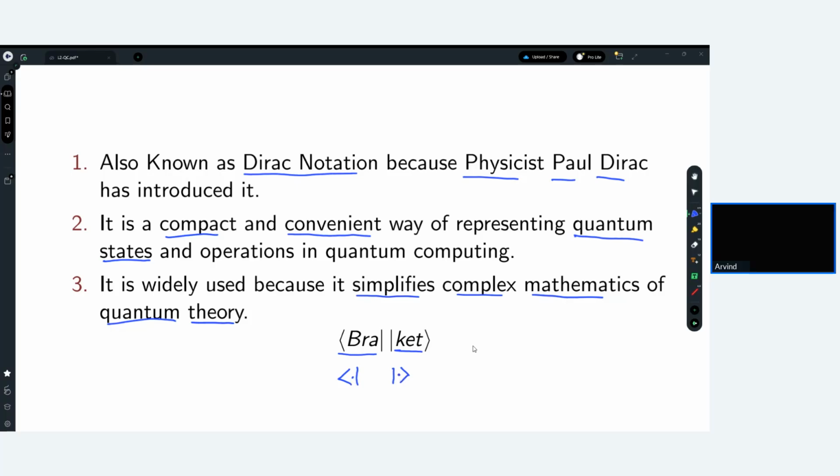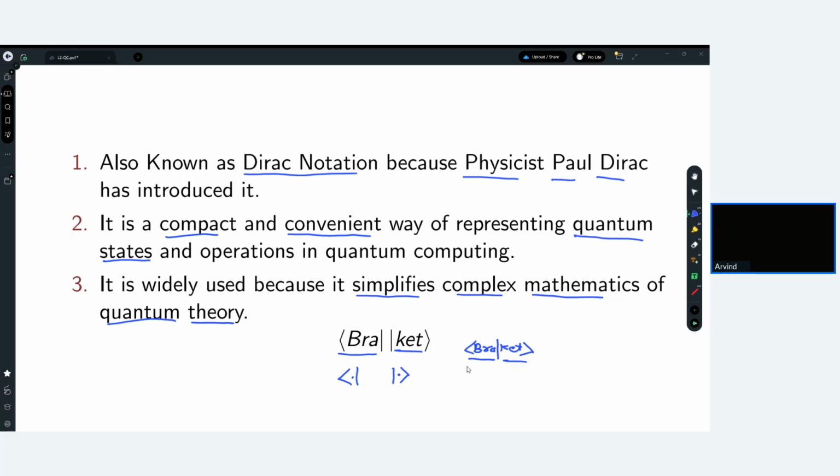You can remember this bracket notation in a simple way by writing the word bracket and enclosing it in two angular less than and greater than signs and putting a vertical bar in between these two words. So the first combination is called the bra notation and the second combination is called the Ket notation.